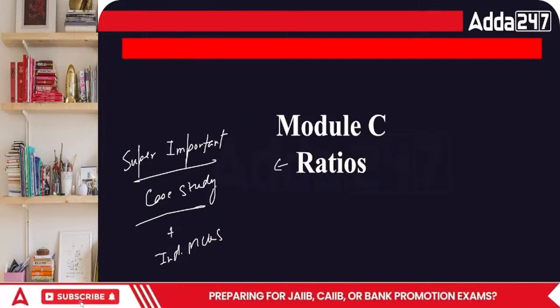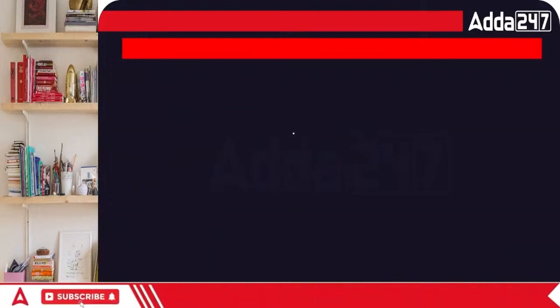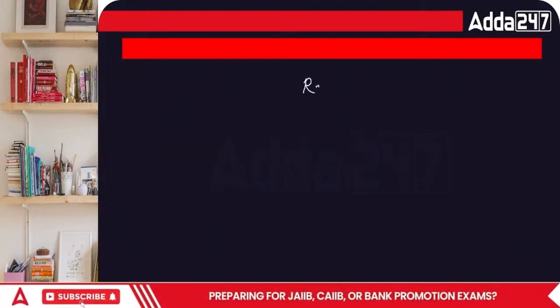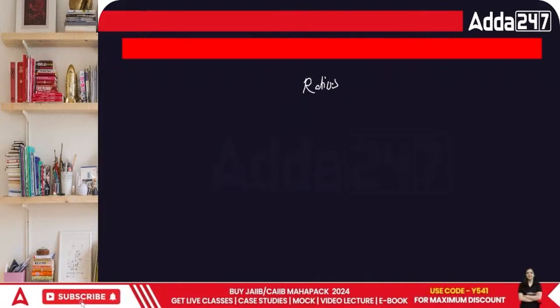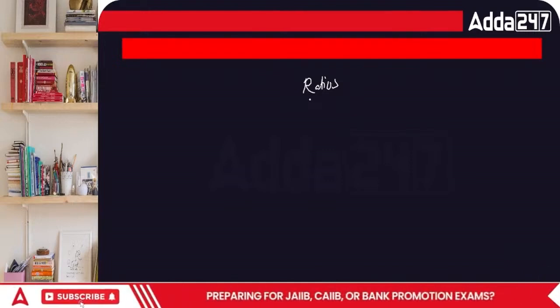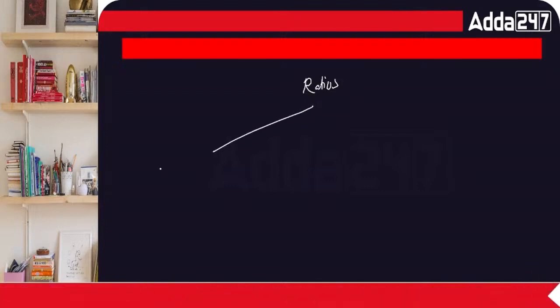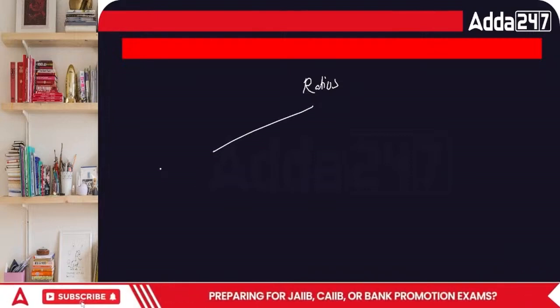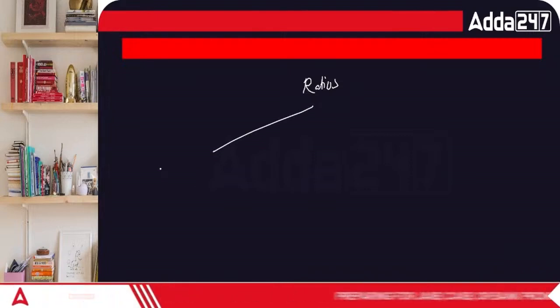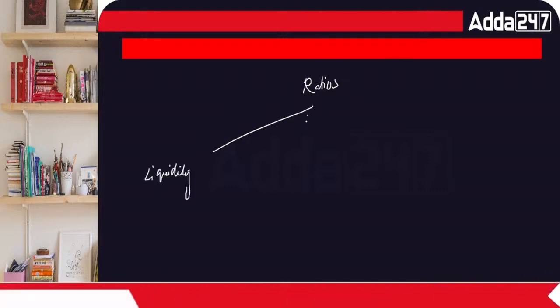Okay, then let's begin with our topic, ratio analysis. This is one of my favorites. Ratios are overall divided into the following parts. Number one, liquidity ratios, meaning those ratios which are related to the area of liquidity. Second is solvency.